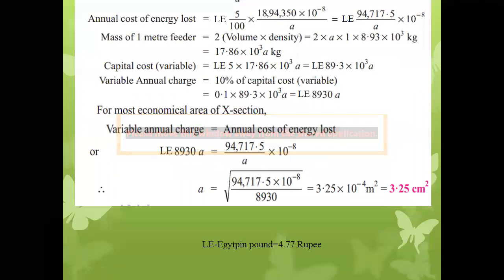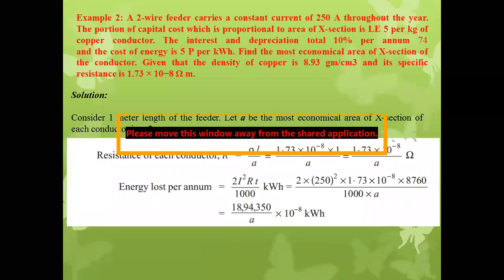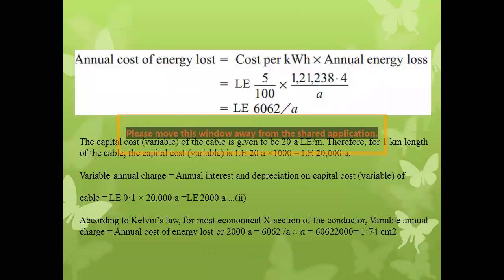At the bottom of this slide, LE stands for Egyptian pound, similar to Rs in our India, which is equal to 4.77 rupees. So LE means currency.